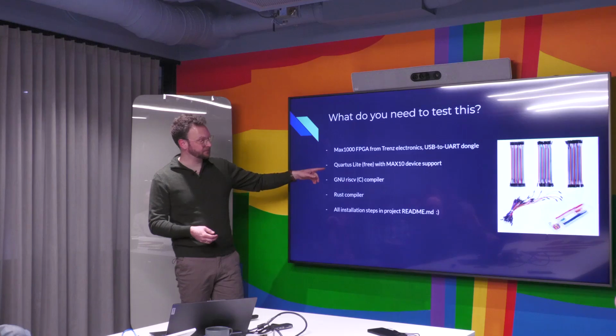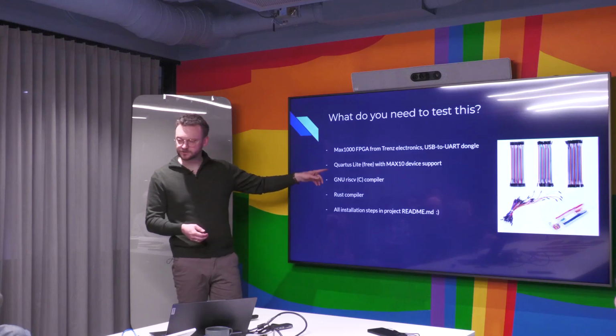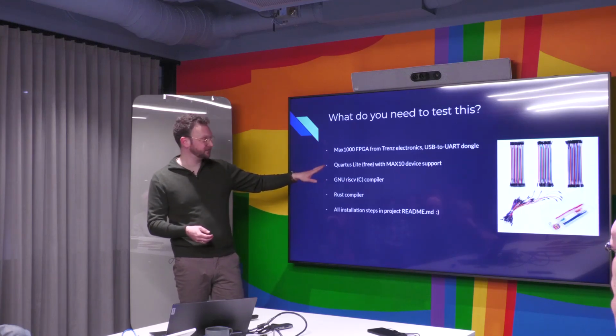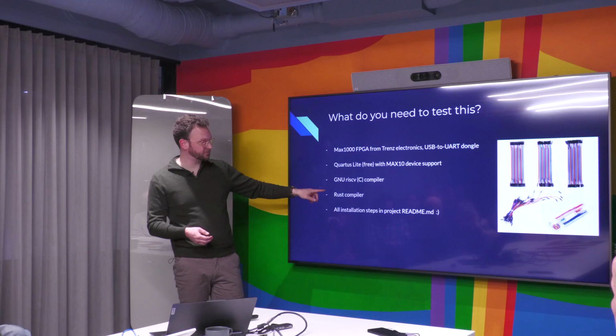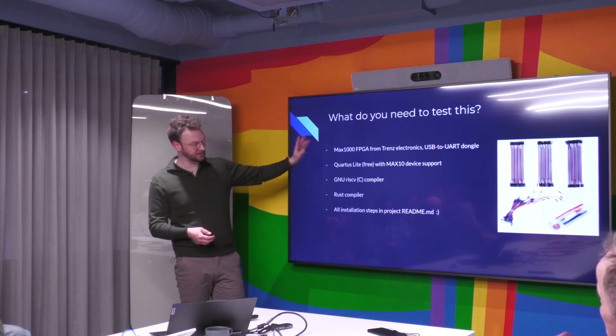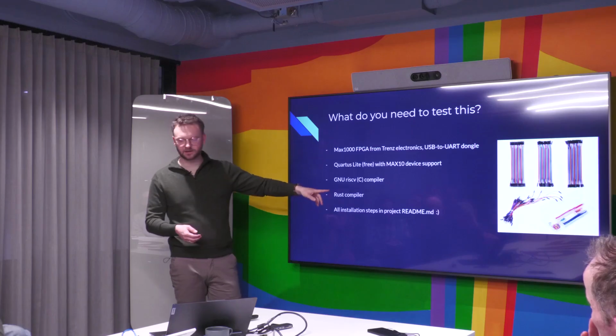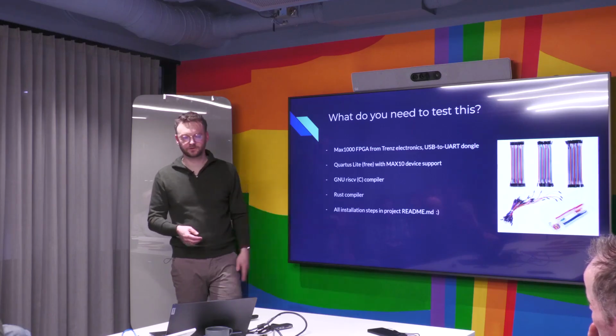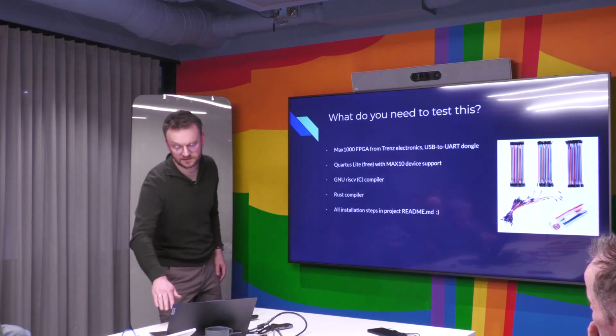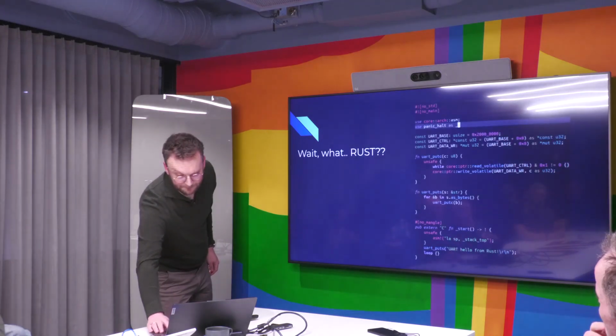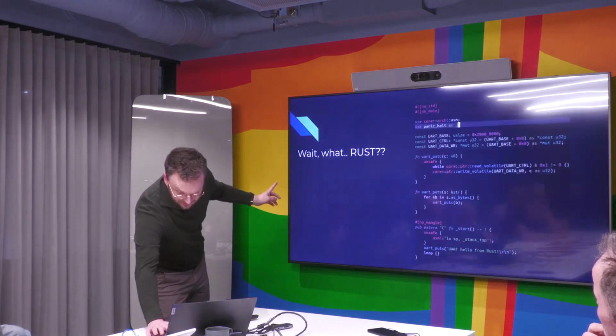You have the Intel FPGA, so you use Quartus, which is their tool chain to build FPGAs. And then you can use open source GNU and Rust compilers. And all the steps to set this up are in the project README in the Git repo, if you want to test it. And I mentioned Rust, right?